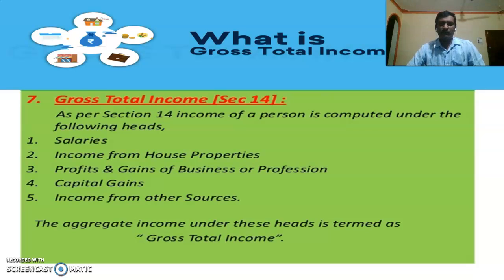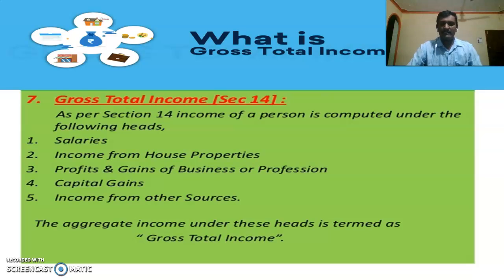As per section 14 of the Income Tax Act 1961, gross total income is to be computed under 5 important heads. The first head is salaries, then income from house property, then profits and gains of business or profession, then capital gains, and after that we also have to cover the income from other sources, if any.